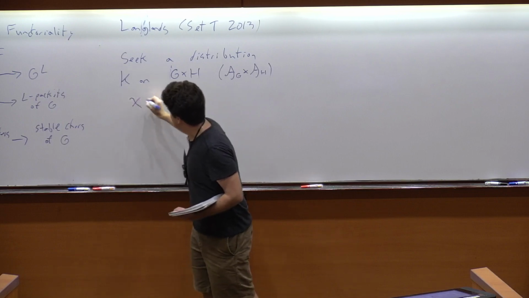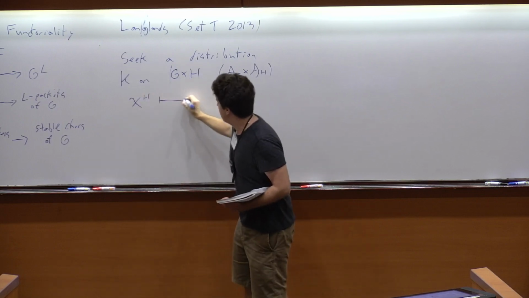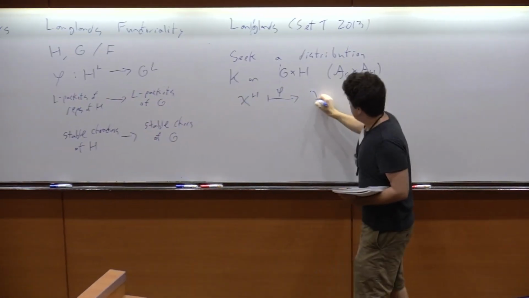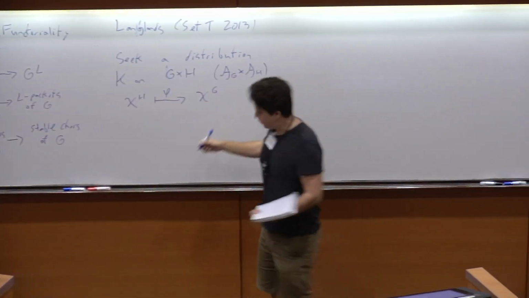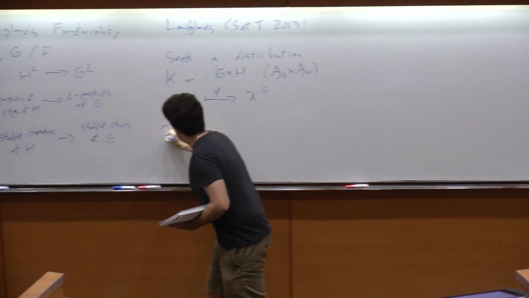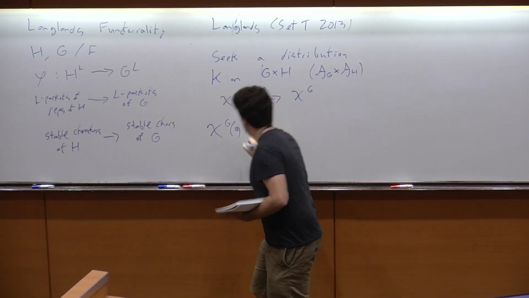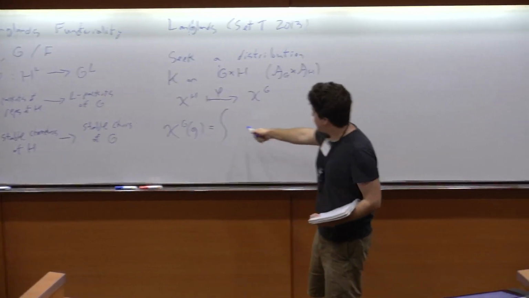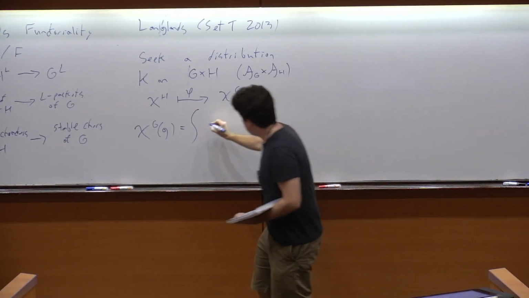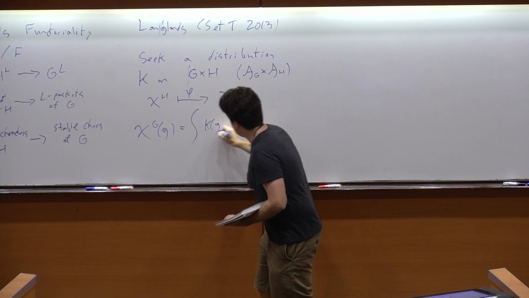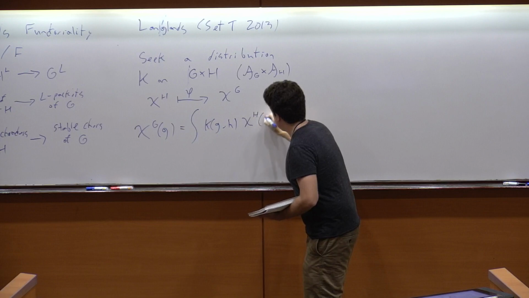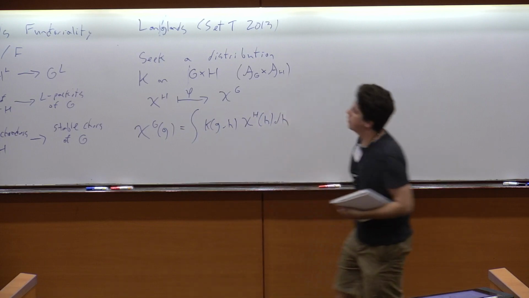Suppose that you have some stable character of H that's mapped via this correspondence to a stable character of G. What we want is to be able to compute this stable character of G via, so this isn't really an integral, it's a pairing of distributions, but I'm writing it as an integral, as is often done, as follows.